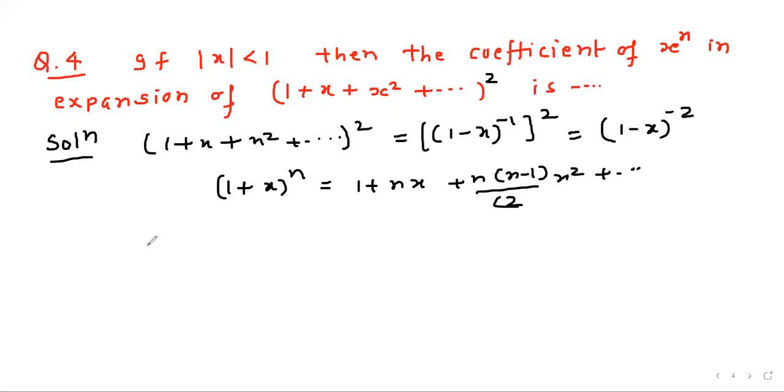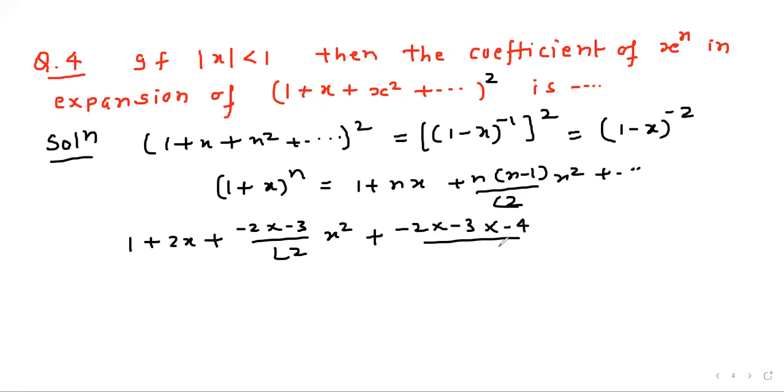So what do we get? We get 1 plus 2x plus (minus 2 into minus 3) upon factorial 2 times x squared plus the next term (minus 2 into minus 3 into minus 4) upon factorial 3 x cubed and so on.